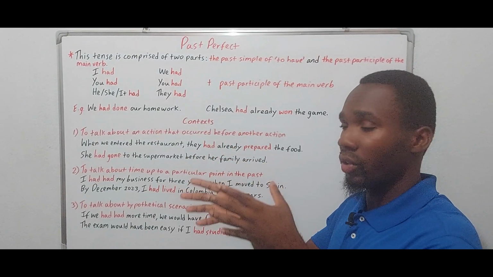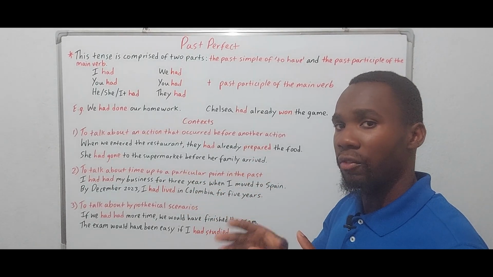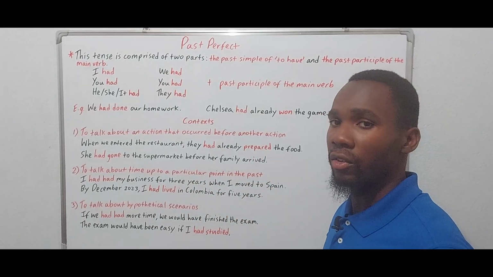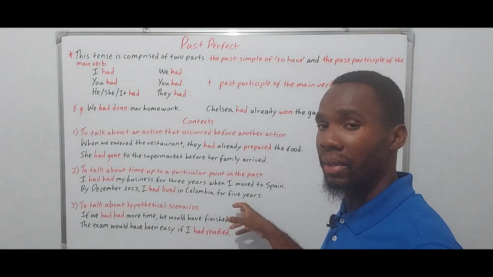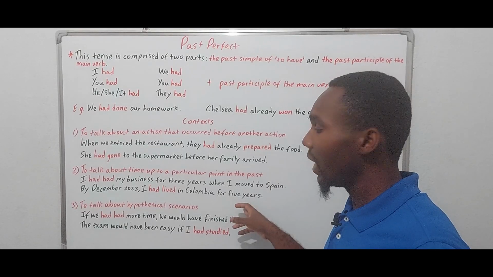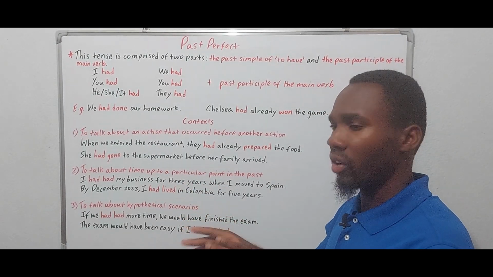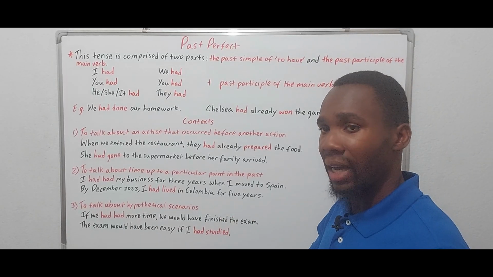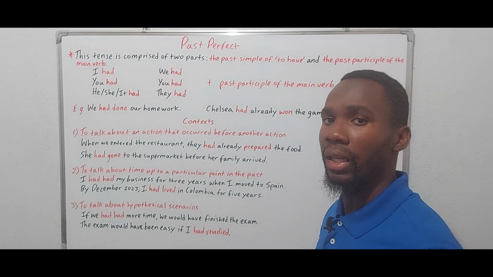That was last year. So that means last year I had been in Colombia for 5 years. So when I moved to Colombia, that's the start point, and then up to that particular point in time, which obviously is not now, but in the past, December 2023, I had lived in Colombia.